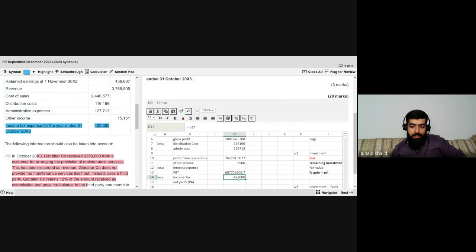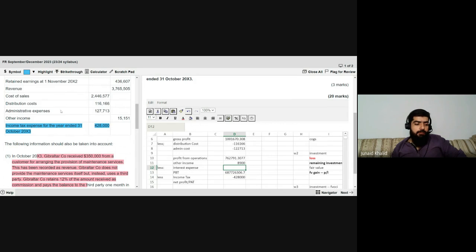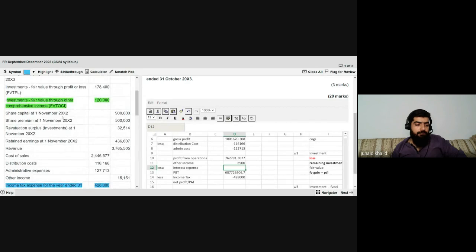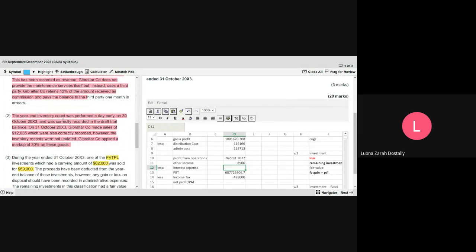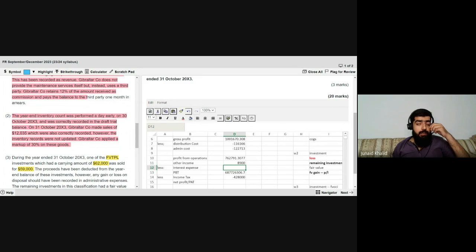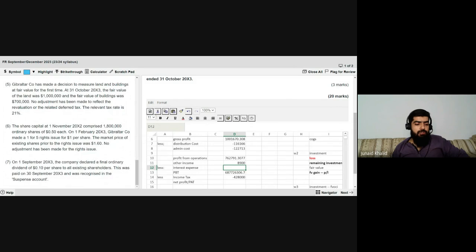Sorry, I just entered that value in the wrong head. That's okay. Interest expense. Do we have any interest expense in that particular question? When you say interest expense, you mean finance cost. Is there any finance cost in the question? No, there's no. So it will be considered as zero.